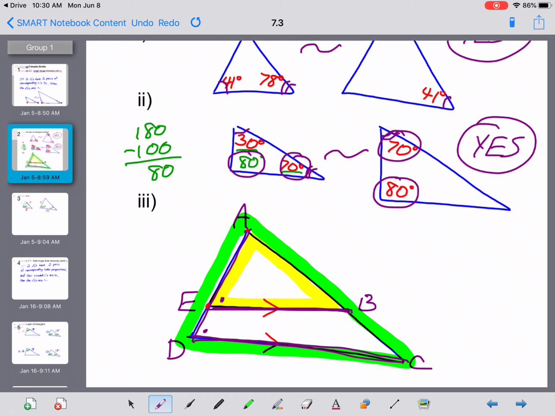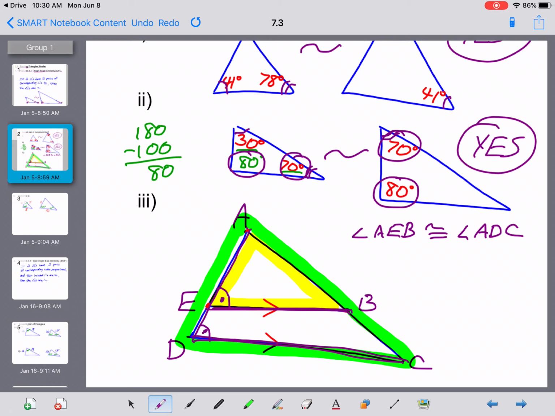And when you have parallel lines cut by a transversal, your corresponding angles are congruent. So we know that angle AEB, which is an angle in the smaller yellow triangle, is congruent to angle ADC, which is the corresponding angle within the big green triangle.